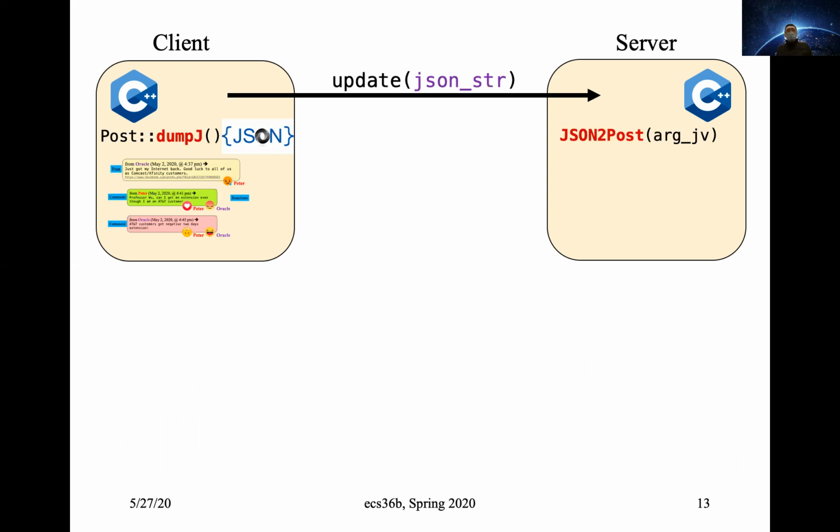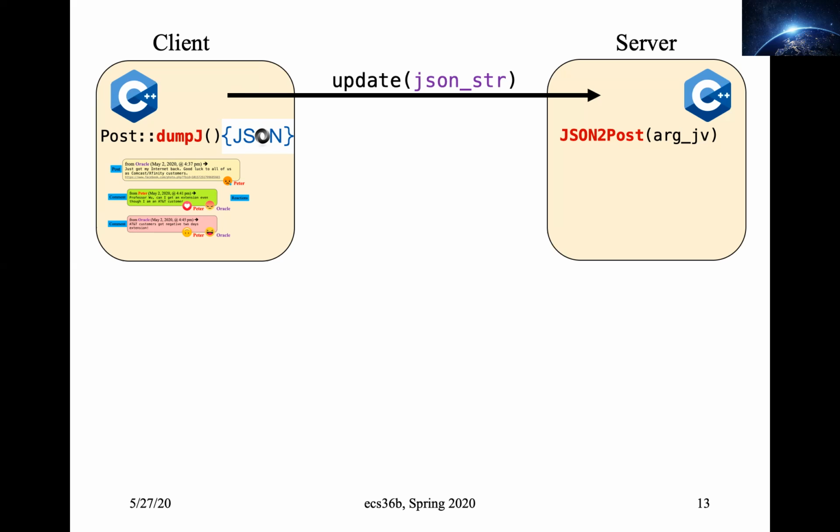Essentially, in the client you have a post. This is the post example that we'll provide for you for test cases, but you can probably do something similar. You have this post, and then you generate using dumpj so the post is converted to a JSON string.